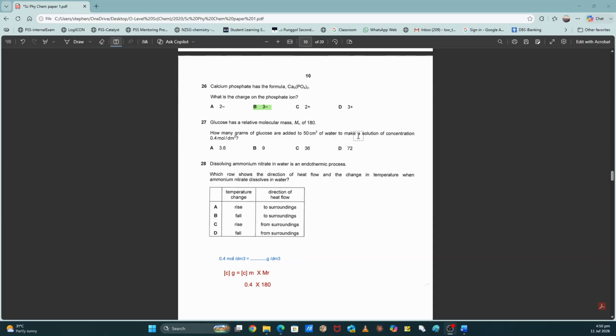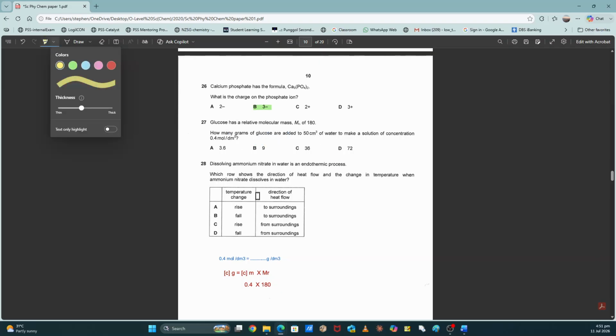Okay, so question 27, if you find it difficult, is because you didn't remember this. Can you see the formula below me, the one you write? Let me do a very brief recap for you. Concentration can be expressed in 2 ways, either moles per dm cube, or grams per dm cube.